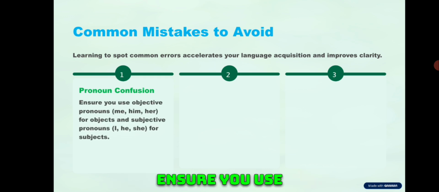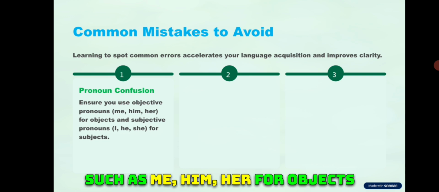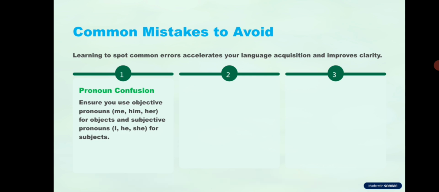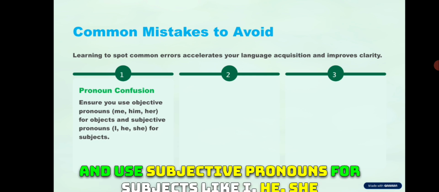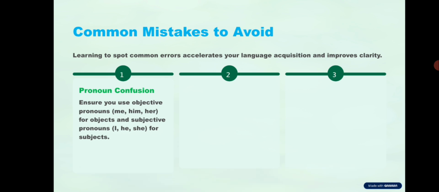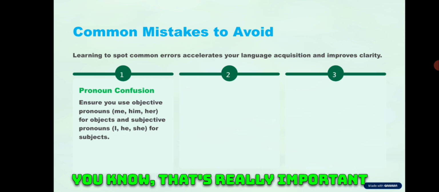Ensure you use objective pronouns such as me, him, her for objects, and use subjective pronouns for subjects like I, he, she. That's really important.